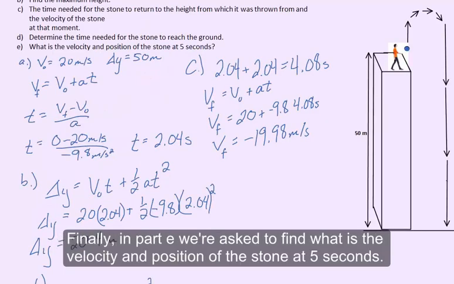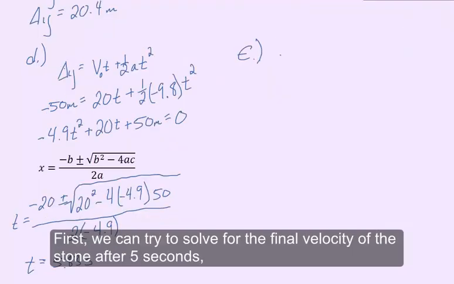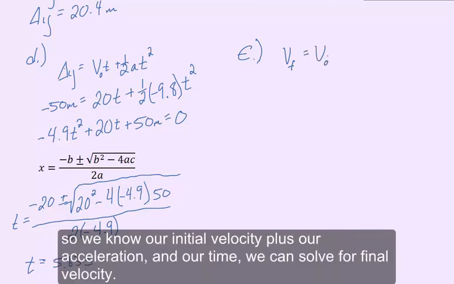Finally, in part E, we're asked to find what is the velocity and position of the stone at 5 seconds. First, we can try to solve for the final velocity of the stone after 5 seconds. So we know our initial velocity, our acceleration, and our time, so we can solve for final velocity.